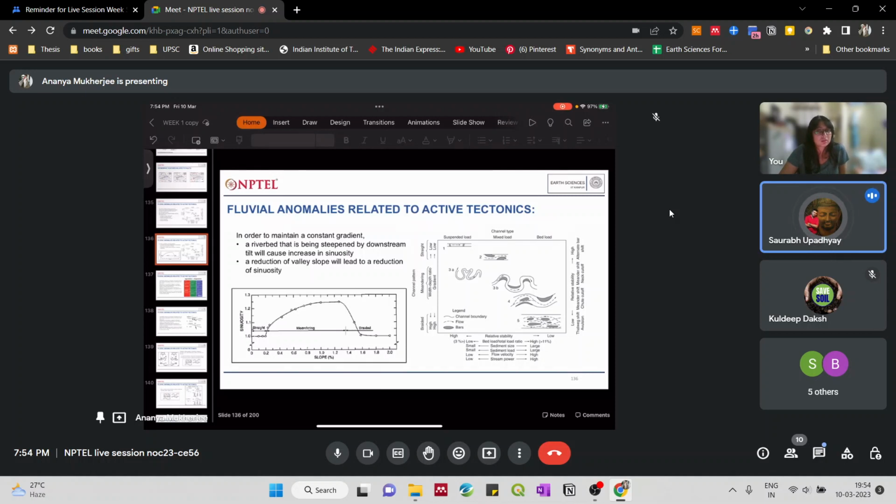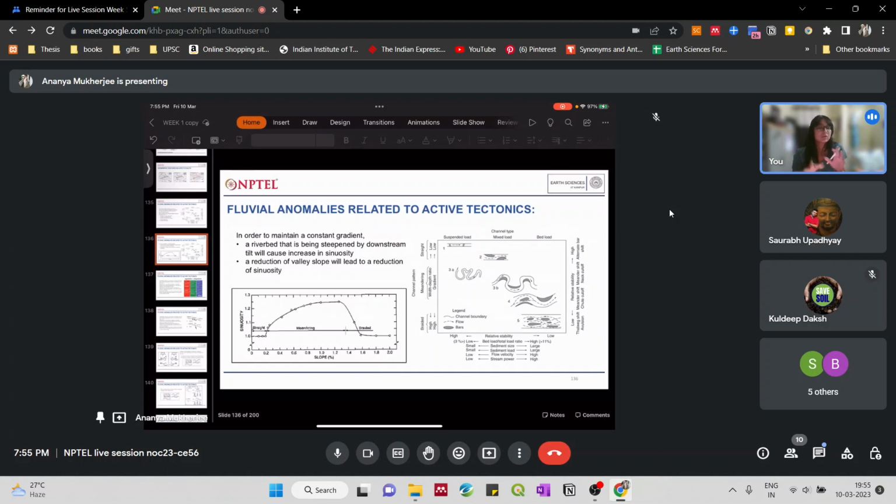Still, it's not resolved. I have searched on the internet also, but I still find contradicting statements, right? I think there is also confusion because sinuosity is a kind of ratio, so it also depends on the sections that you're taking. Suppose your section is pretty large, and the meandering is also happening over there.